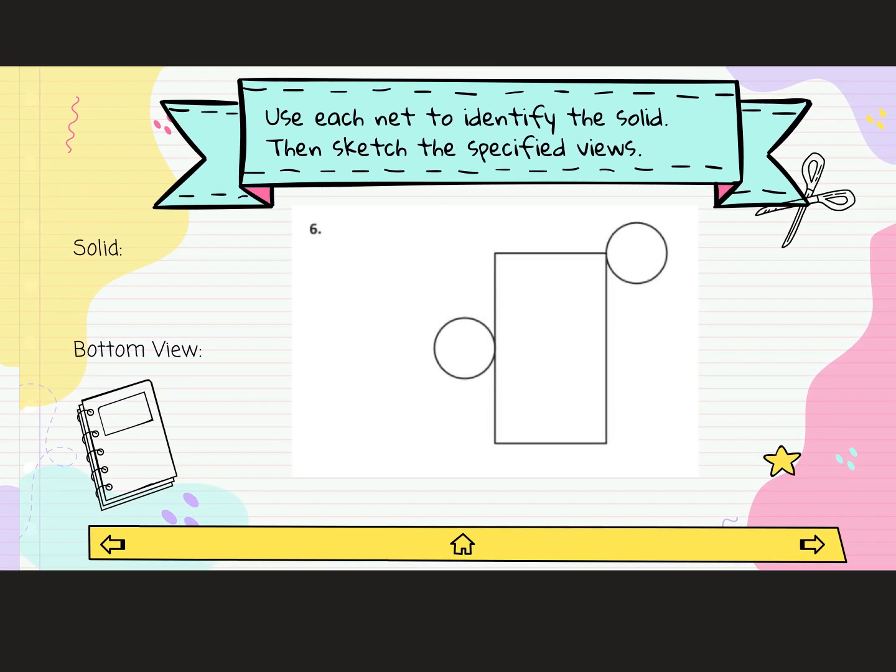So it says use the net to identify the solid and then sketch these specific views, all right? So looking here, we have a rectangle and 2 circles. So we know that the solid is a cylinder. And we know if we're looking at the bottom view of a cylinder, we're just going to have a circle.